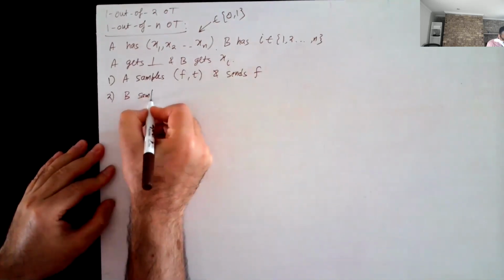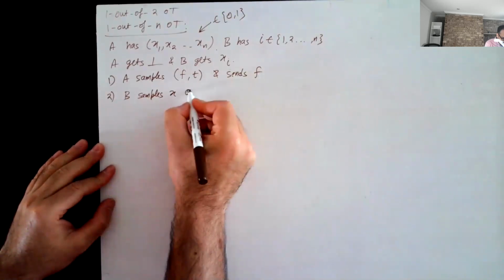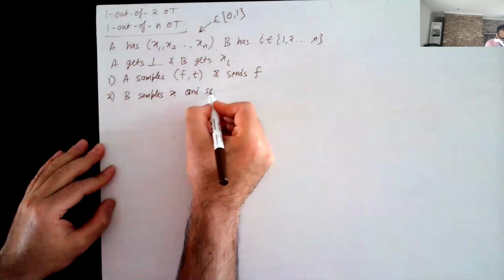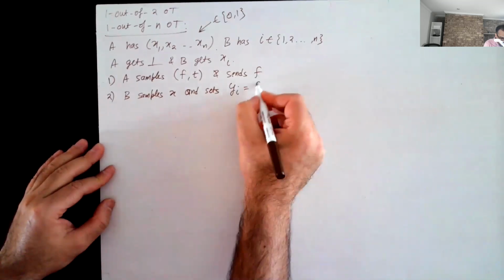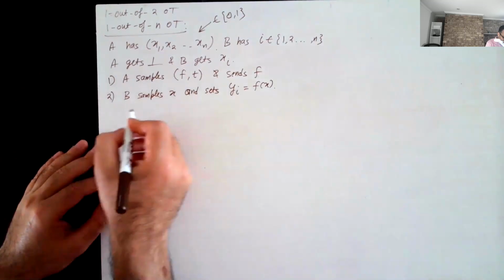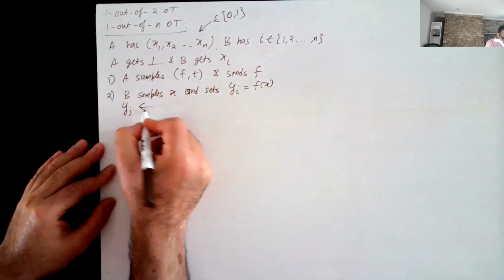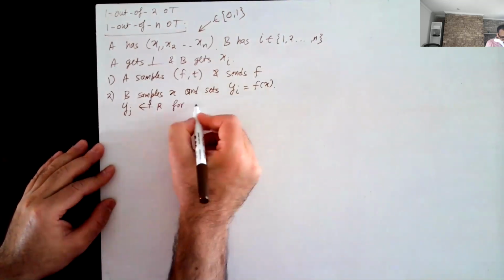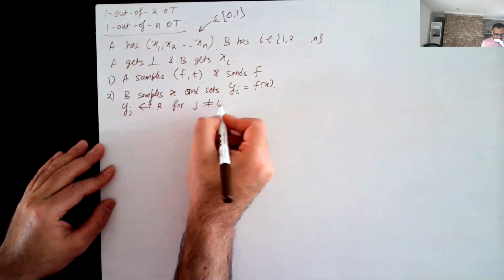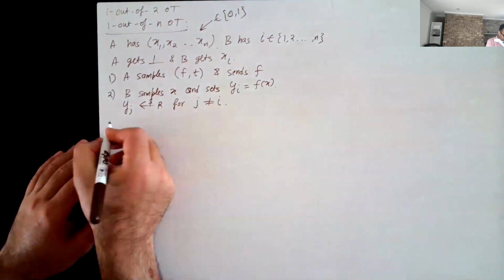So B samples X and sets yi to be f of x. Yj is sampled at random from the range if j is not equal to I. And all these y's are sent across.